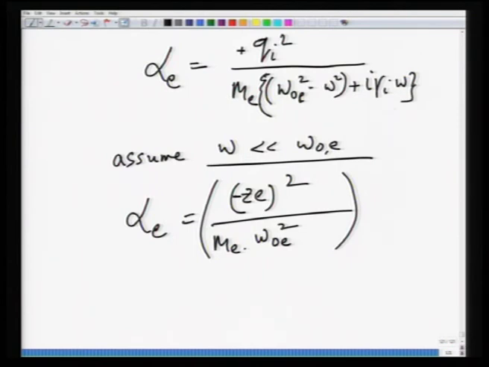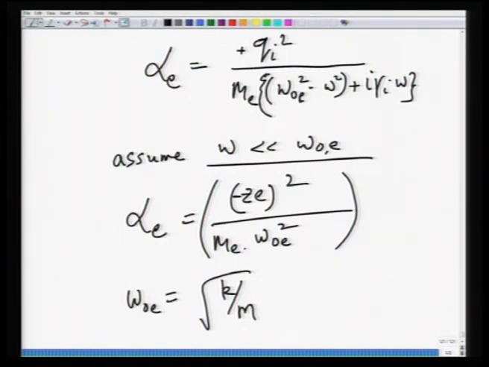So, now if this is the case, then you can convert this expression into the expression that we got using the DC field. Now, how can omega naught E be represented for a spring? This is simply equal to root of K by M, where K is the spring constant and M is the mass.